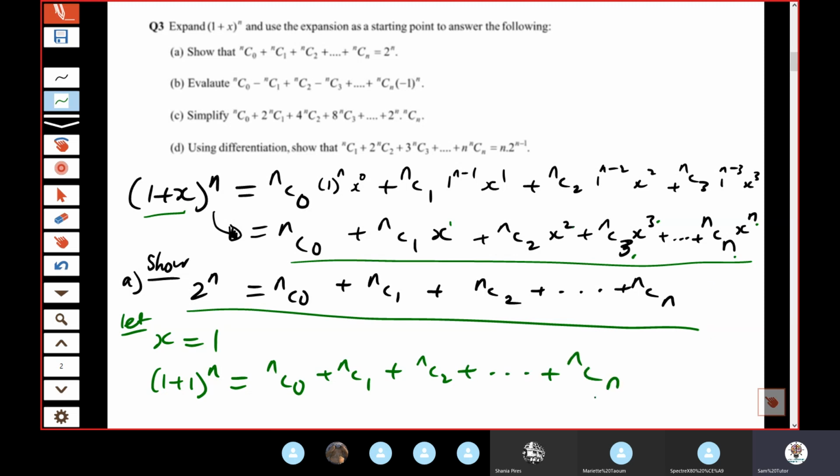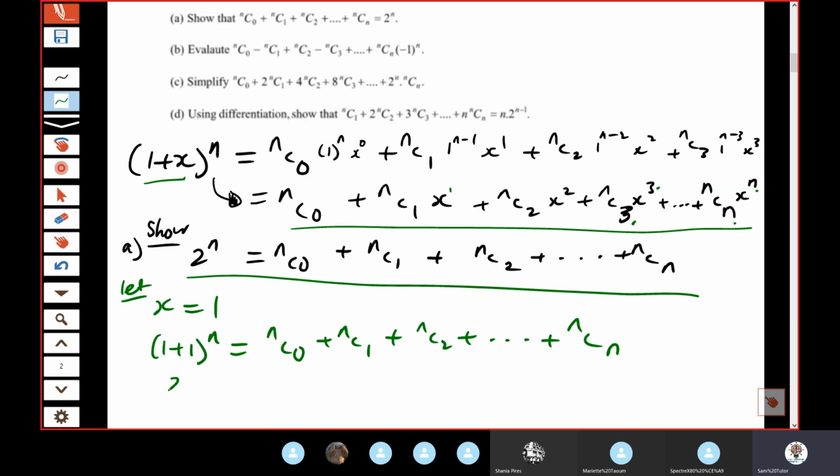They're all just multiplied by 1, which doesn't do anything, therefore you just proved the result they wanted. Good. Very good.